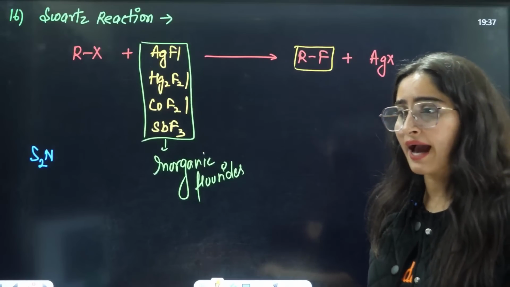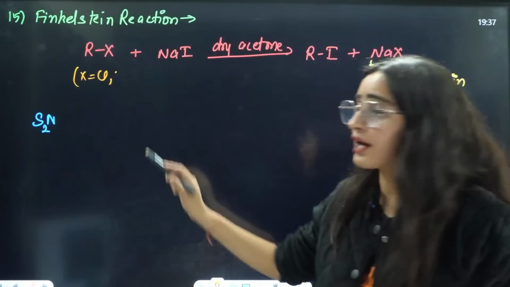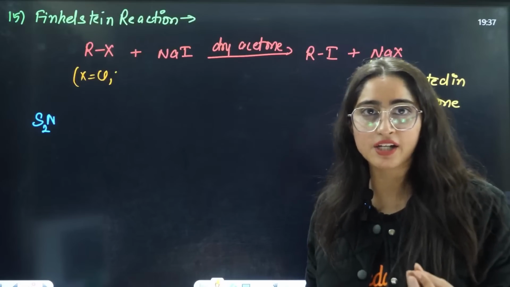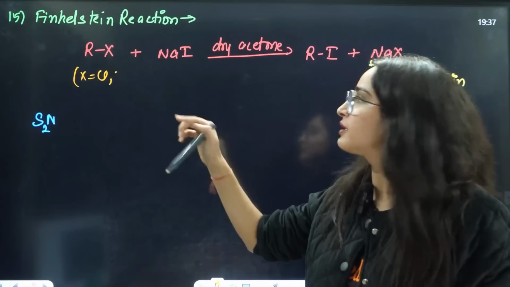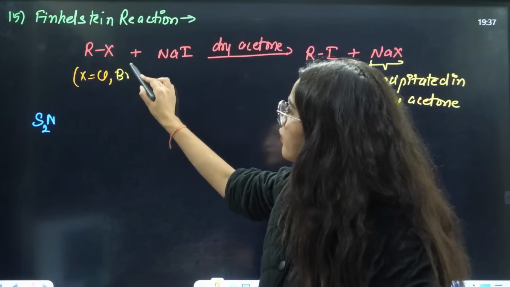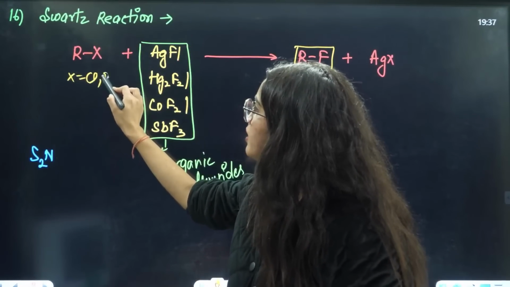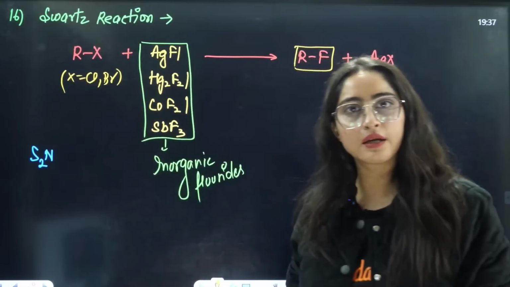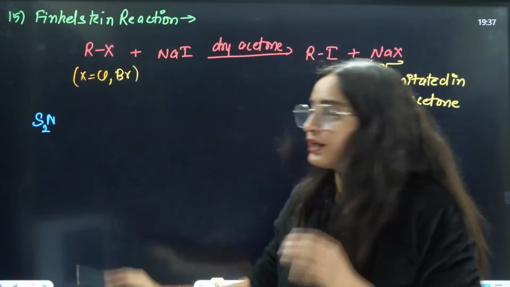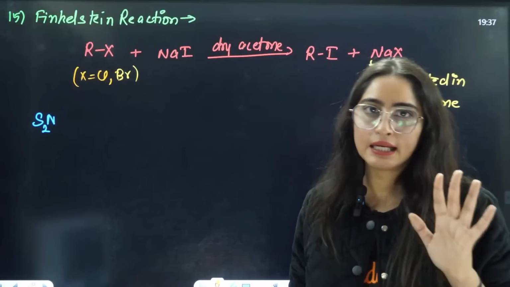That is Swarts reaction. These two reactions are your halogen exchange reactions, where you are exchanging the halogen. This is chlorine and bromine. This X can also be chlorine or bromine. Both of them are SN2 mechanisms only.